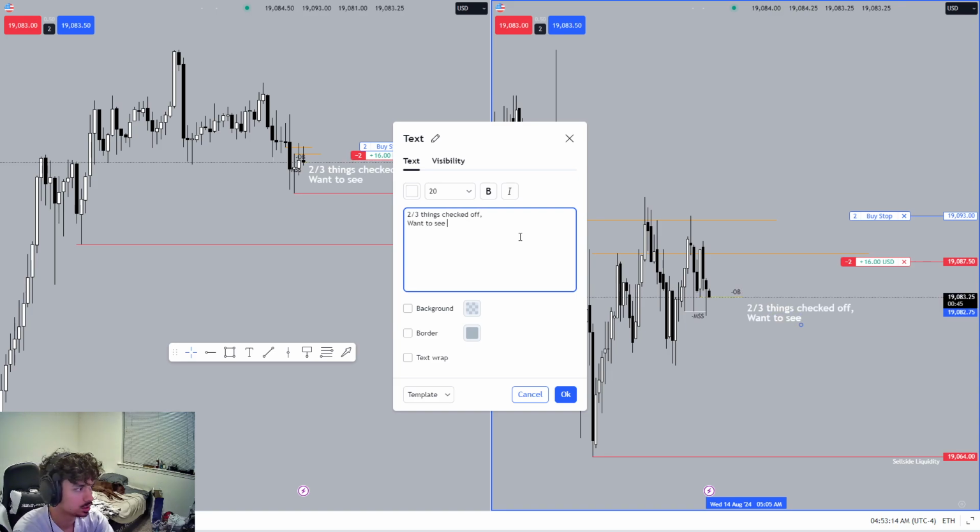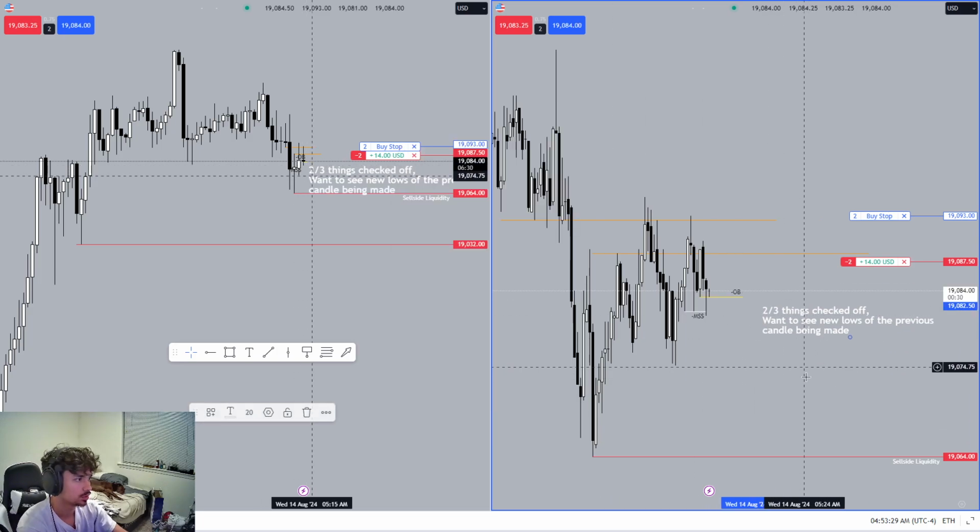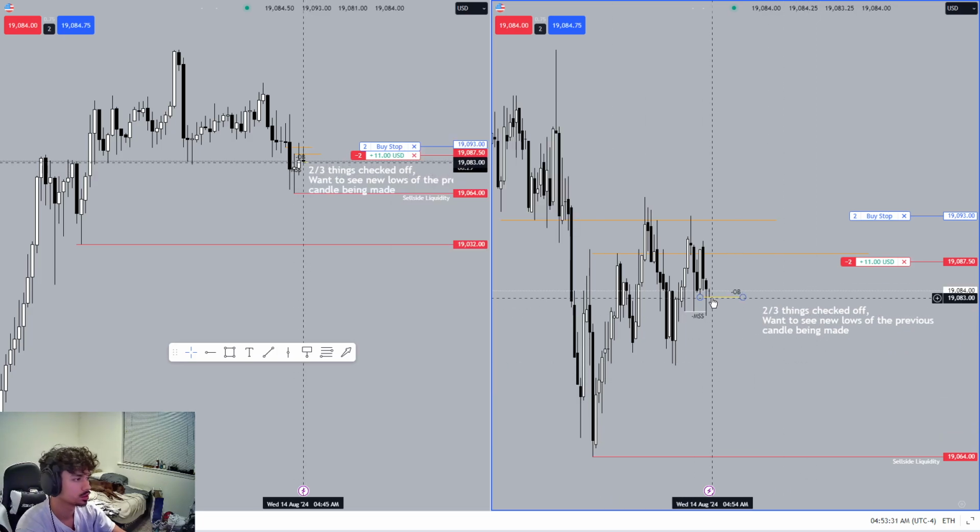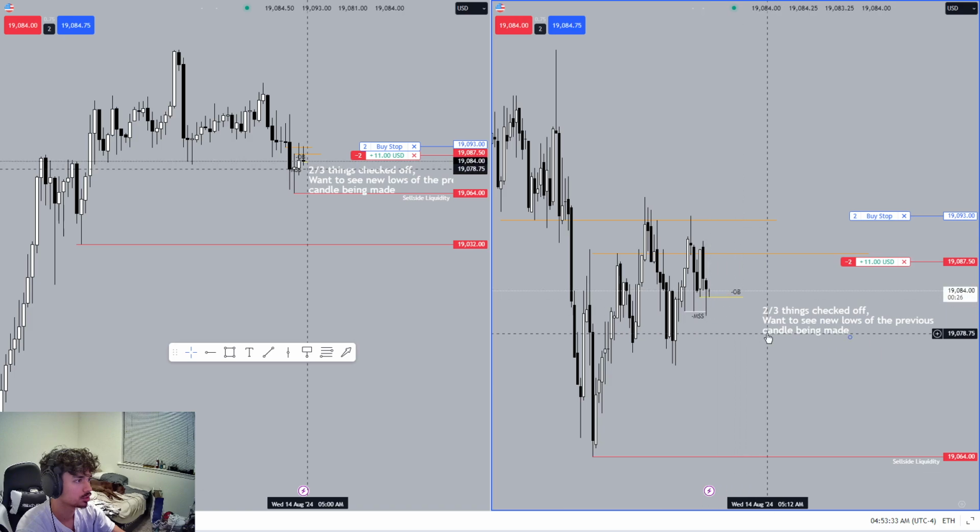Want to see new lows being made. New lows of the previous candle being made. There we go. There's a small volume imbalance in there. That's kind of respecting right now.